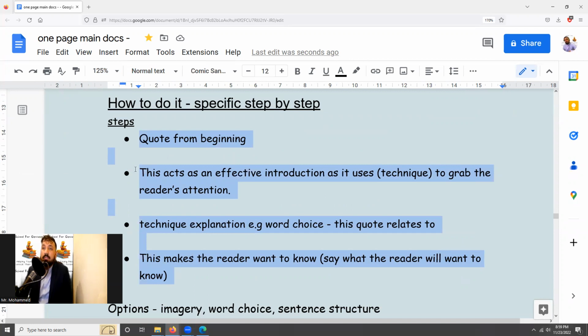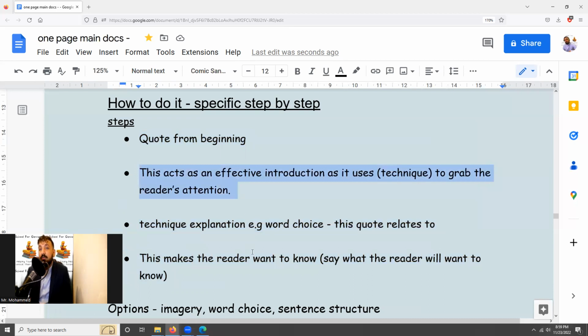Then use this sentence almost completely. The only thing that you need to change is just the technique. You just need to say what technique you're going to be focused on. So you quote something from the beginning, then you say, this acts as an effective introduction as it uses, and then you mention the technique.